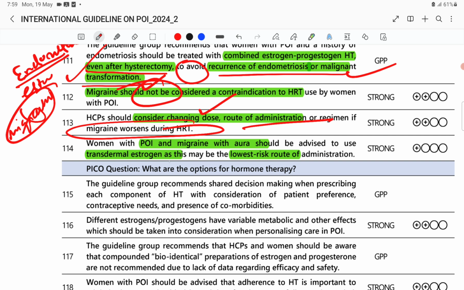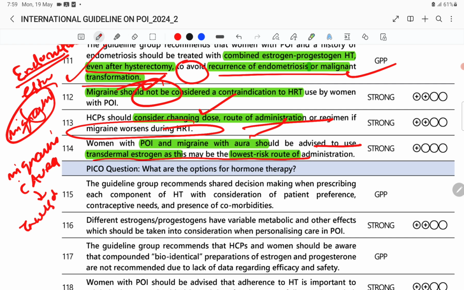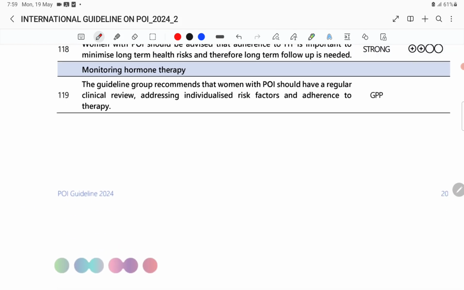Okay, for women with POI who have migraine with aura, they should be advised to use transdermal estrogen, as this may be the lowest risk route of administration. So if you have migraine with aura, then you go for transdermal HRT.